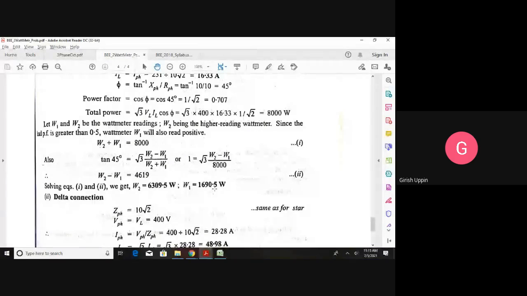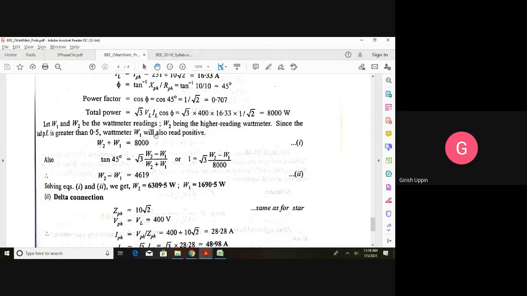What is the other way? Anybody can tell me, is there any other way to find W2? See, we already know the equation for W2. What is W2? W2 is VL into IL into cos(30 minus 5). VL is known here, right? VL is known, IL is known, phi is known. So we can directly calculate W2.